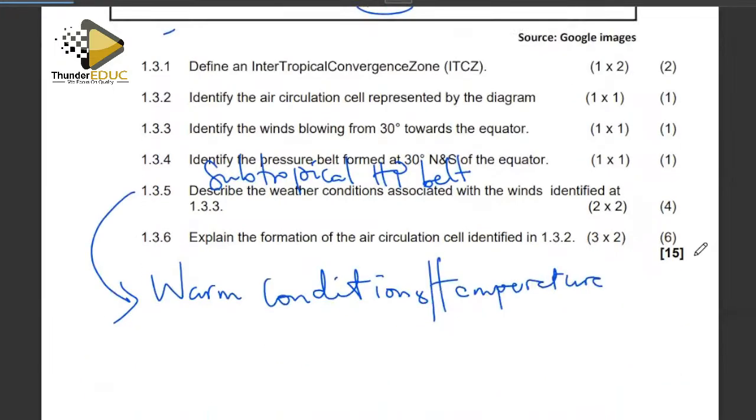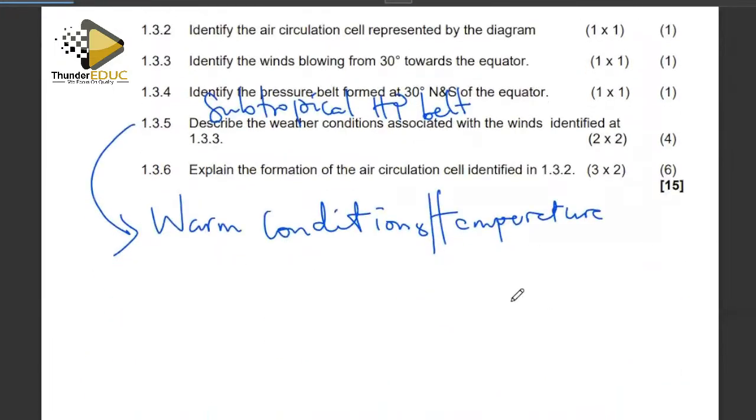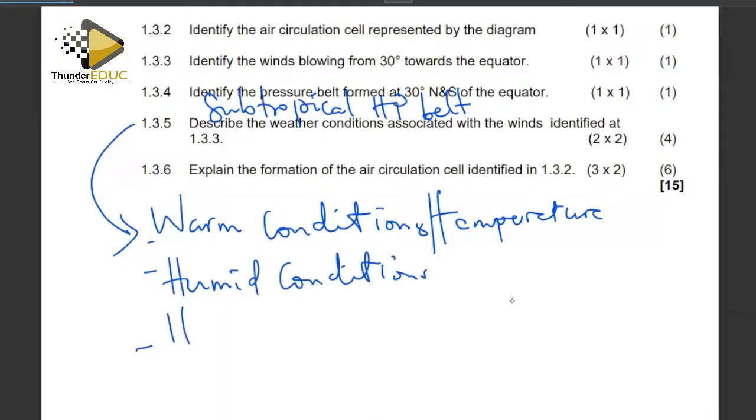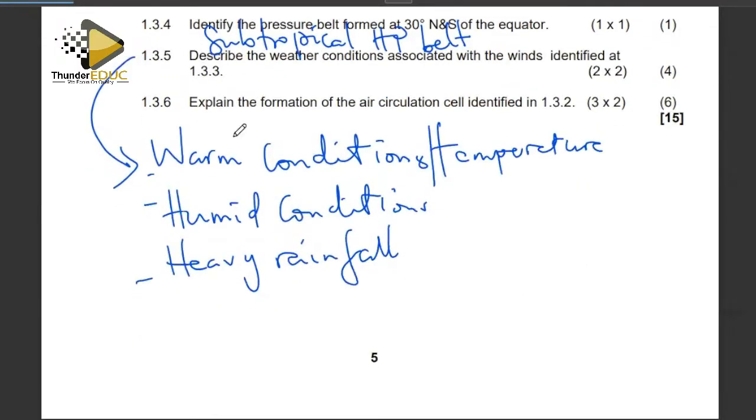They are featured by warmer temperatures and humid conditions. And we also have heavy rainfall. That's basically the weather conditions that we associate with the tropical easterlies or the trade winds.